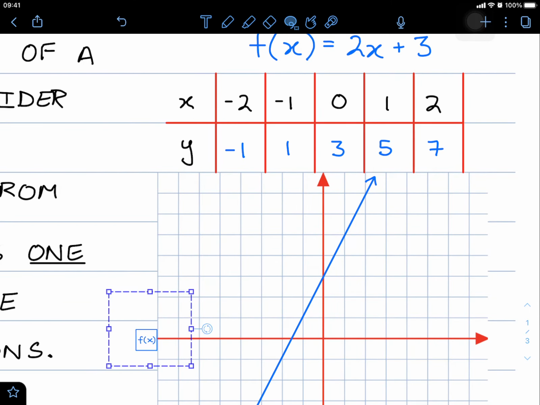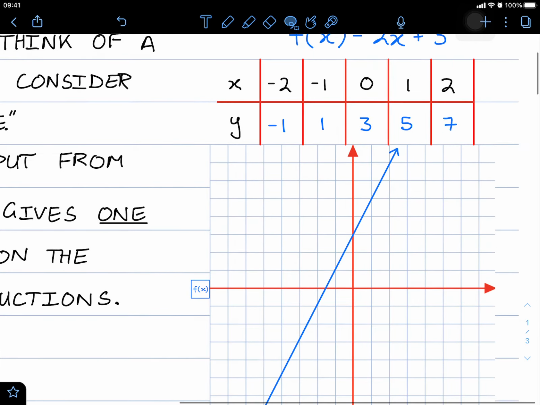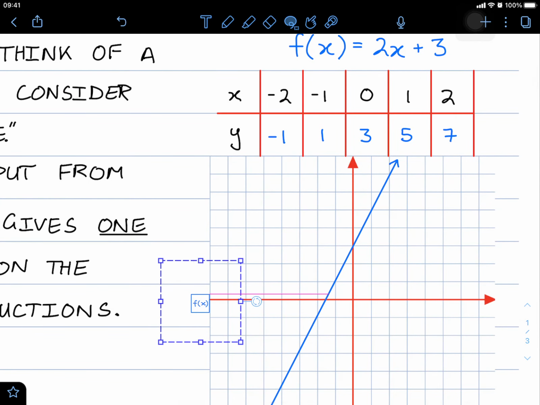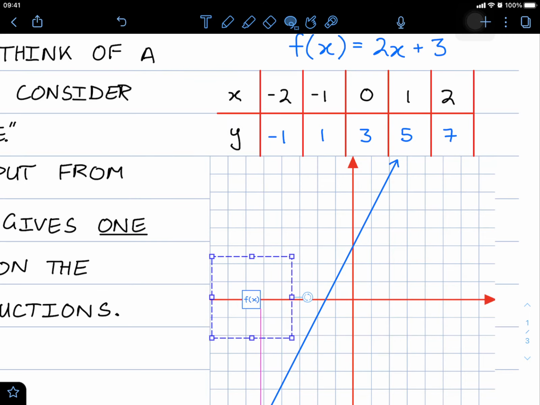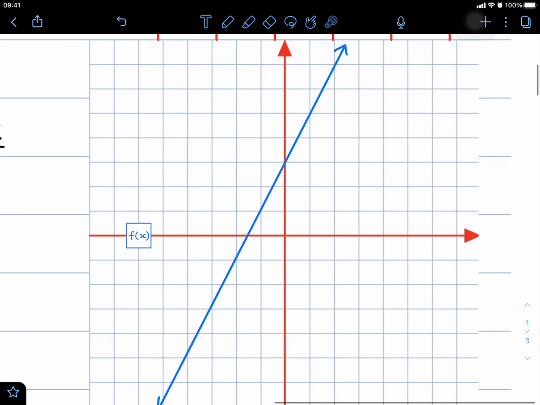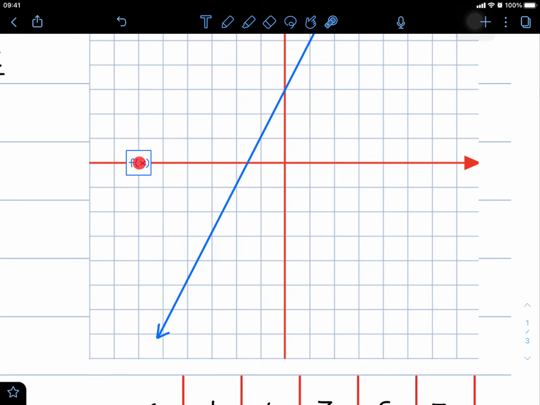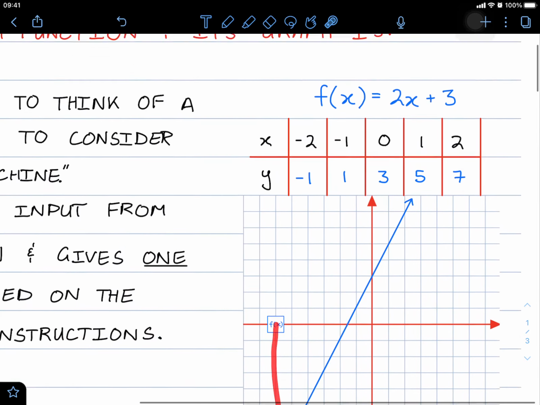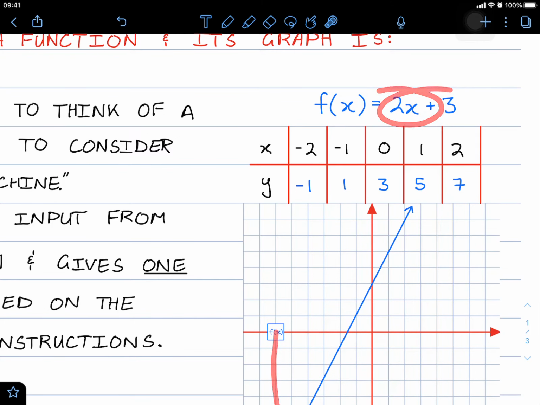So now what this means is when the machine is on, let's say, -2, which I believe was here, the machine takes the input at that point and it maps it onto another point based on its instructions here.